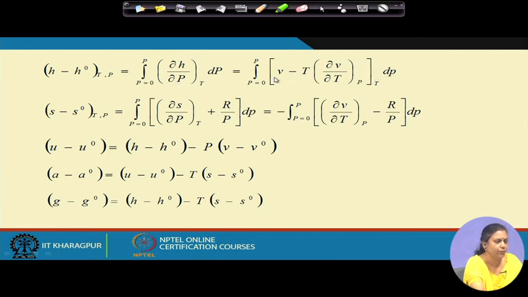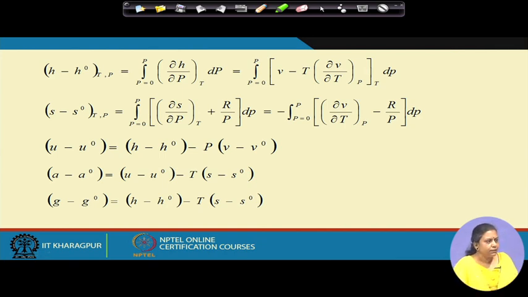This expression is obtained from the equation that we had already discussed earlier. So this is the expression for the departure function for enthalpy, and this is the expression for the departure function for entropy. Once we can find these two, all the other properties can be found from these two departure functions, and maybe the departure function for volume, which can be easily obtained. We can find all other non-measurable properties.